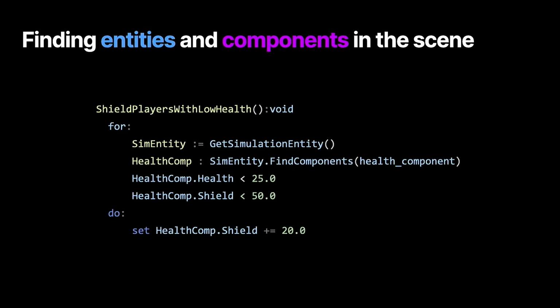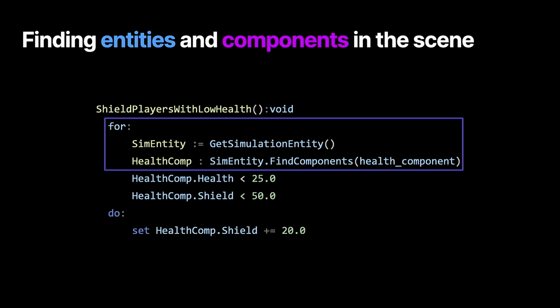So here what we're going to do is look for all of our health components. And we're being very generous in our game. So if the health is below 25 and the shield's below 25, we're going to give them a little bit more shield. So starting off, Verse has multi-line for loops. This is what we call our filtered for. So we're going to get the simulation entity because we want to look for everything in the world. Then we're going to find all the components of health component and iterate over them.